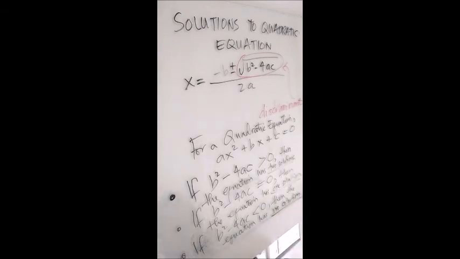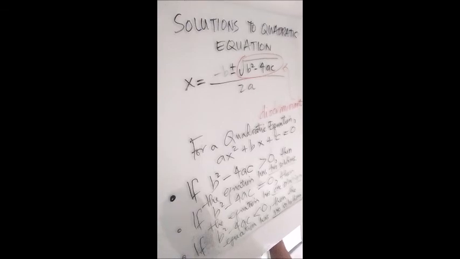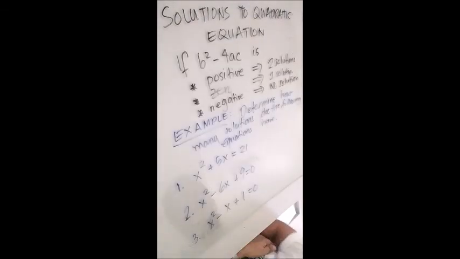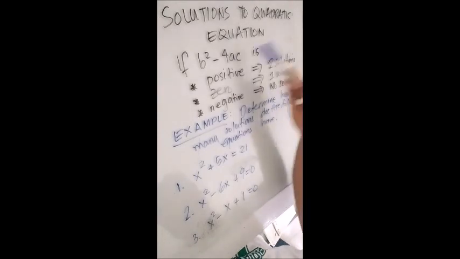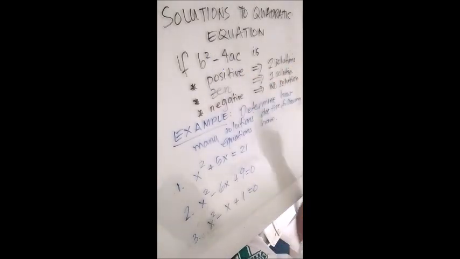So there is no solution if b squared minus 4ac is less than 0. To summarize: if b squared minus 4ac is positive, we have two solutions; 0, one solution; negative, no solutions. Okay, let's have an example.